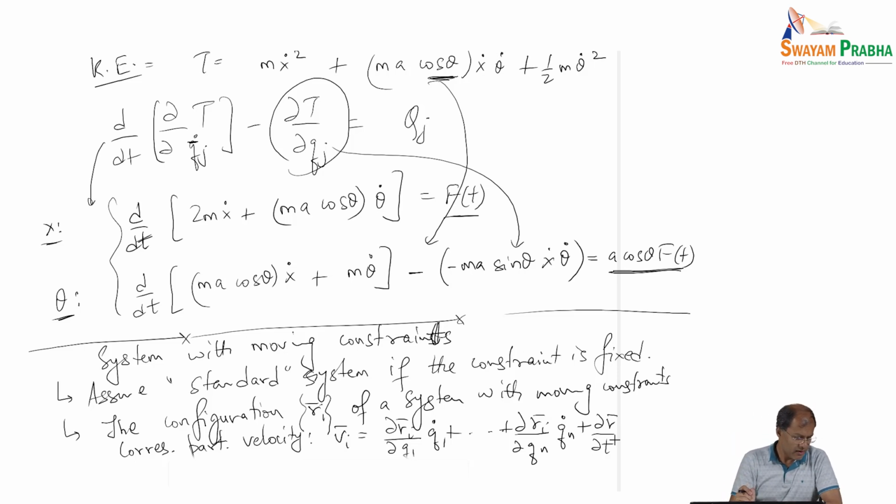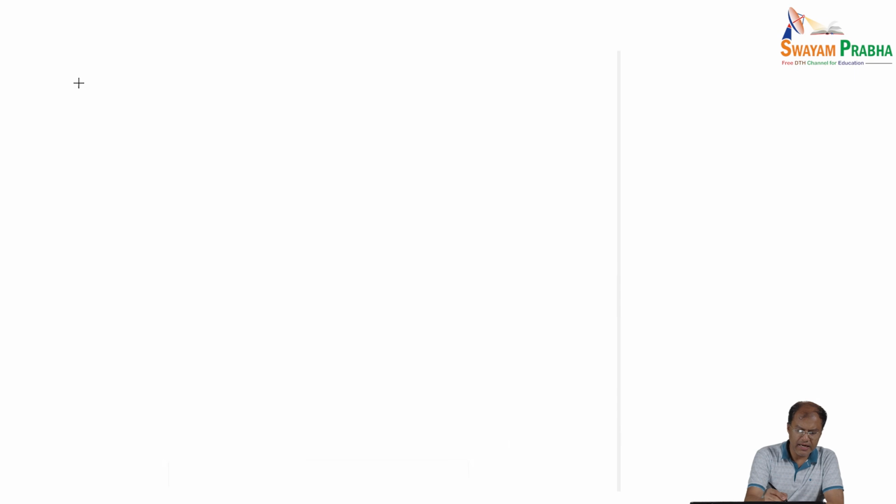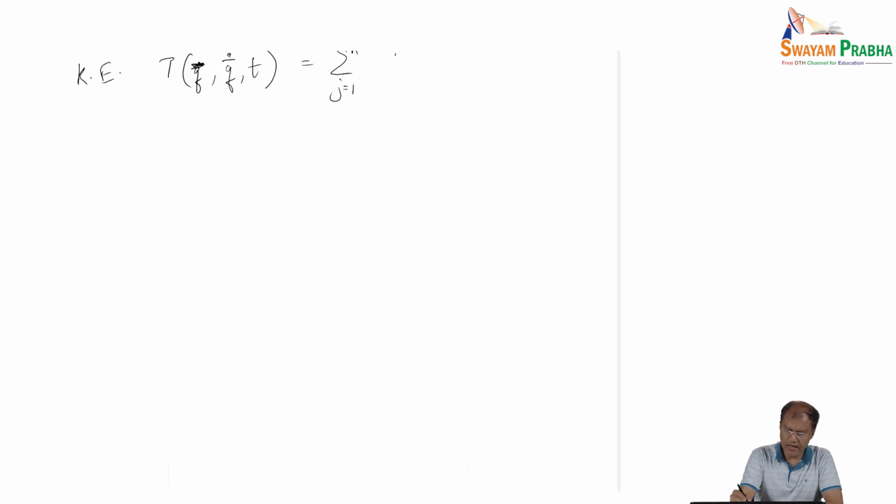So then I can now write my kinetic energy this time. My kinetic energy T of q, q dot, t is given by summation j from 1 to n, summation k from 1 to n, ajk of q comma t, qj dot qk dot.